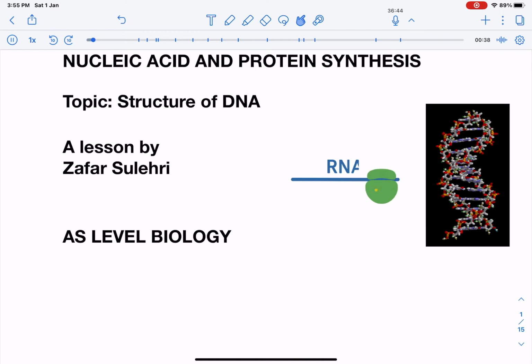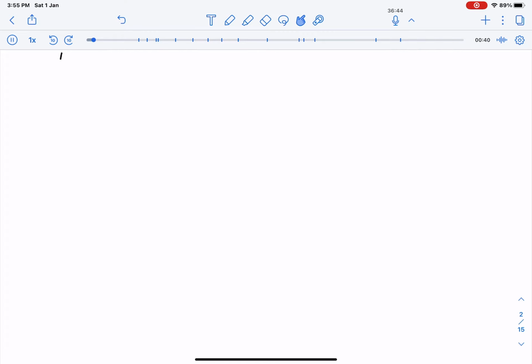So let's see a nucleic acid. Nucleic acid is a substance or a material which has low pH and is found generally in the nucleus of eukaryotic cells. So that is why it is called nucleic acid.